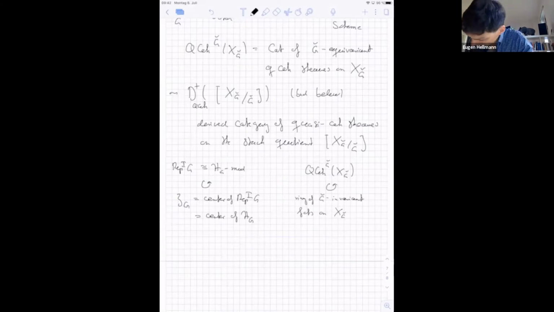Okay, and this just turns out to be the global sections of the adjoint quotient T-check modulo W, where T-check in G-check is a dual torus. Okay, so this is just the adjoint quotient. So W is the Weyl group.